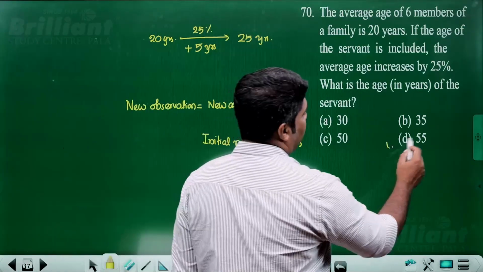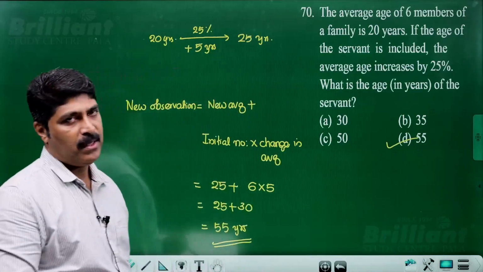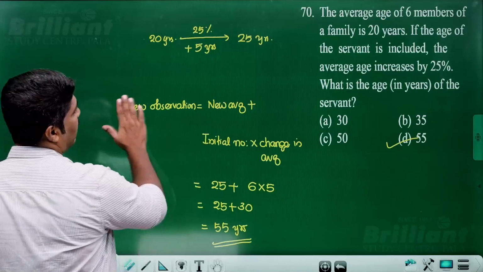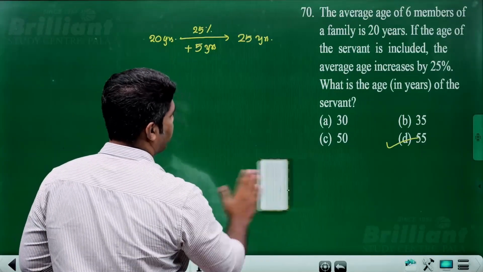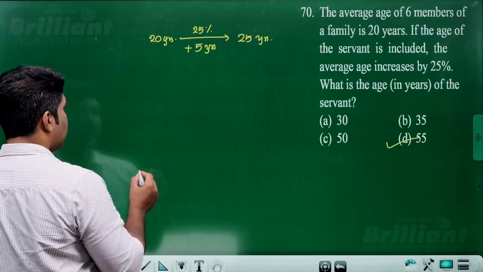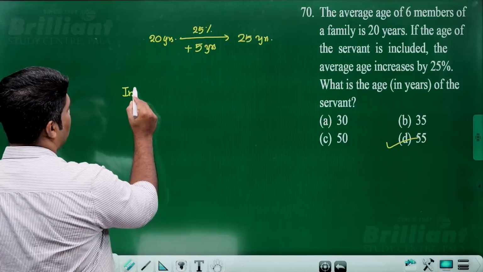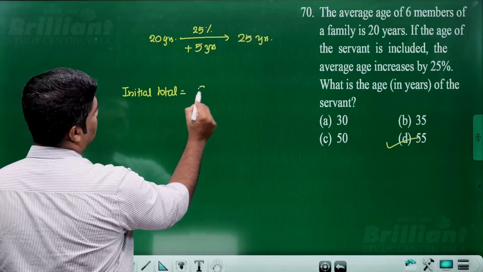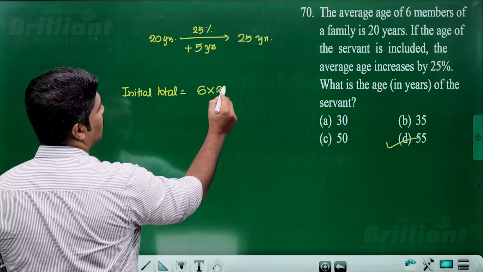Another way is the conventional approach. That means we are considering what was the initial total and what was the final total. So the initial total: there were 6 members, their average age is 20.